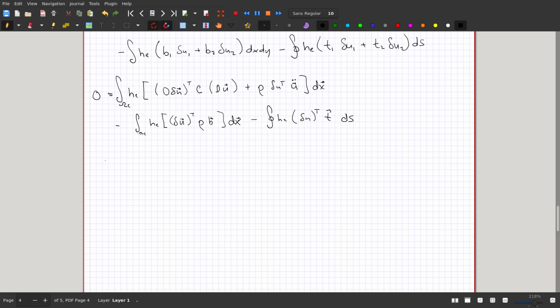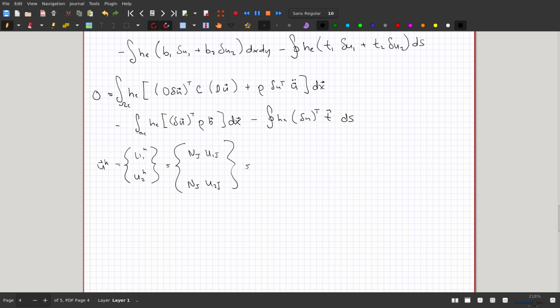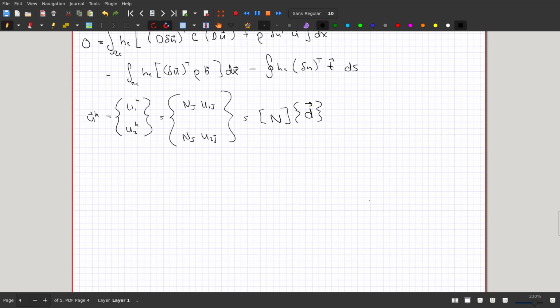So we have u of x, which is a vector now, whereas before it was a scalar, right? u1, u2, that's equal to Nj u1j, Nj u2j, or N times, and what I'm going to write here is just D, like it's a vector of unknowns. So it's the u's, but they're the nodal unknowns, okay?